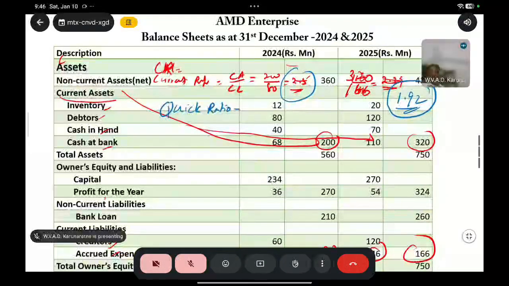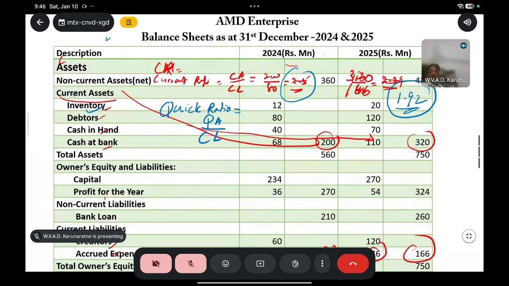So how to calculate quick ratio? Quick ratio equals quick assets over current liabilities. Quick assets don't include inventory or the prepaid expenses. Here we cannot see prepaid, but we can see inventory.